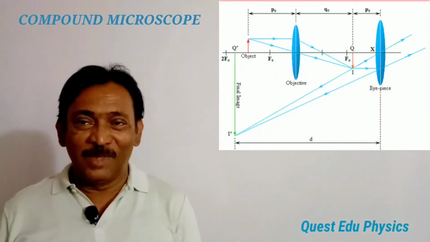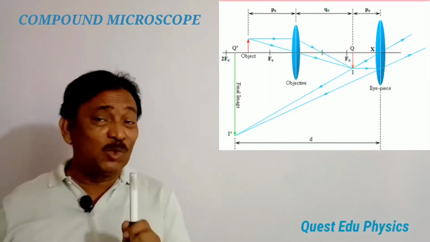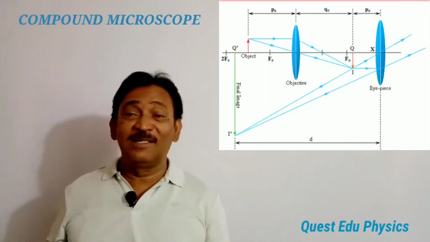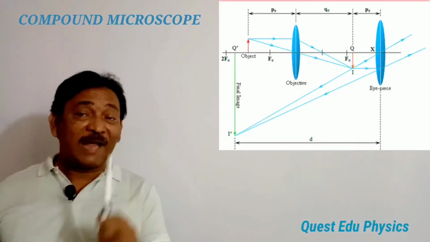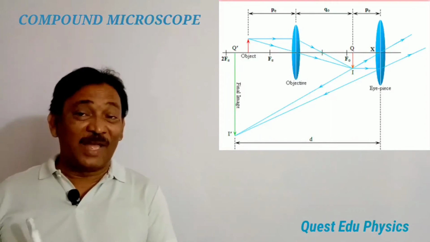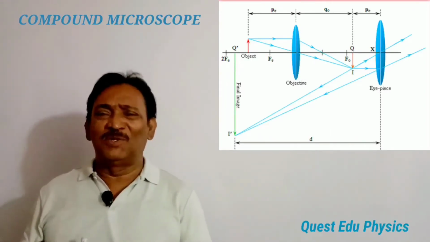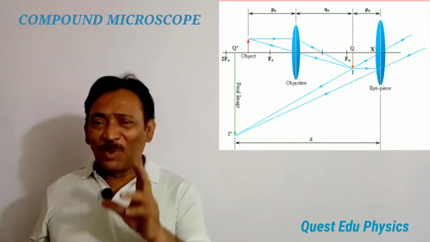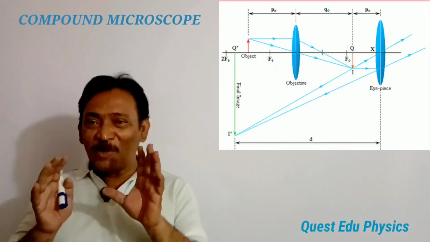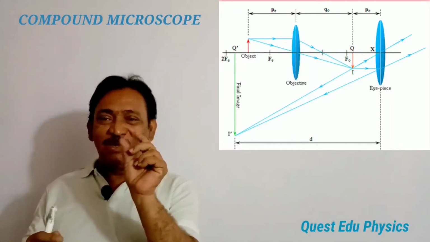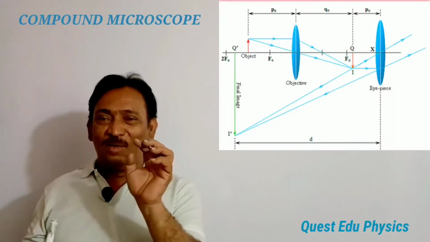These two lenses, the objective and the eye lens, are mounted coaxially in a metal tube, students, and the distance between the two lenses can be adjusted by using an arrangement known as the rack and pinion. And you are aware of that, students. Most of you know about binoculars. If you observe a binocular, at the center you will get a screw-like structure, a wheel, which can be rotated.